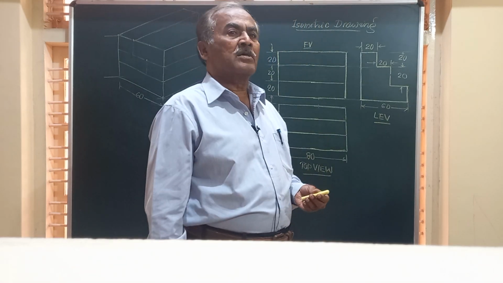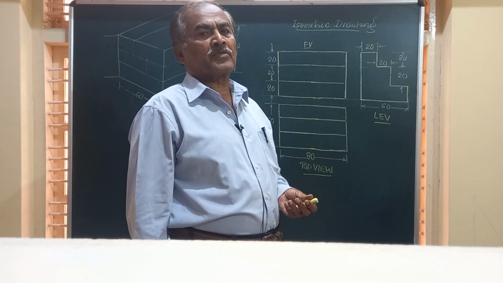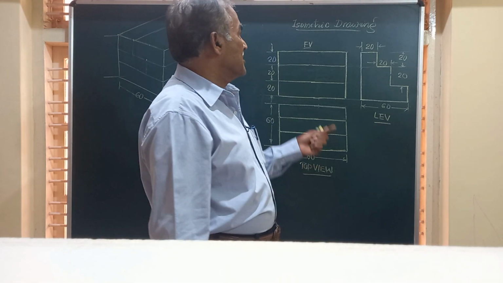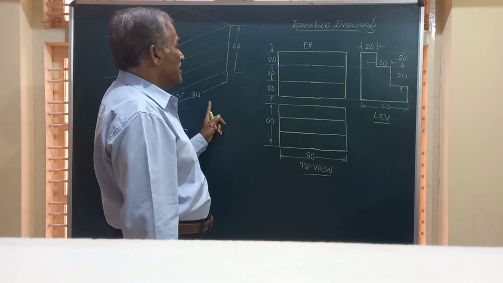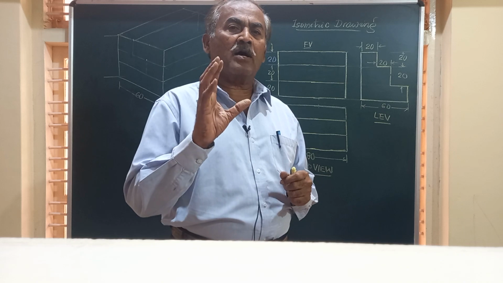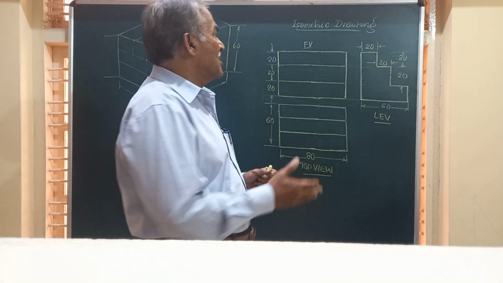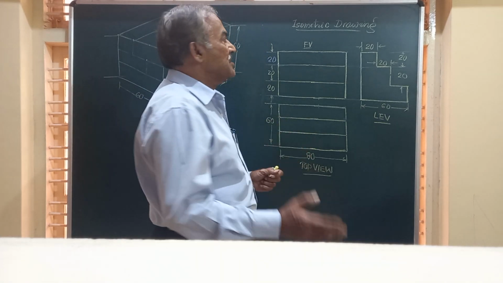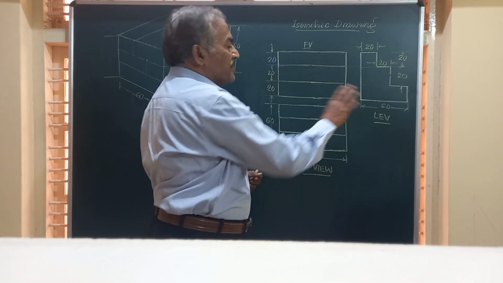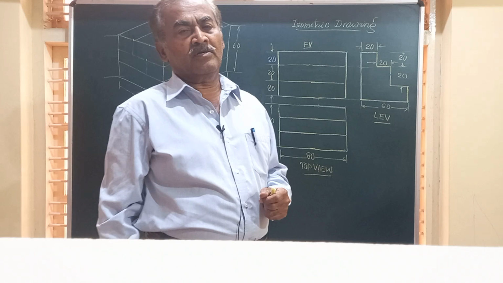In today's video, we are going to learn how to draw the isometric drawing or isometric view of a component whose orthographic views, namely the front view, the top view and the left hand view, are given.